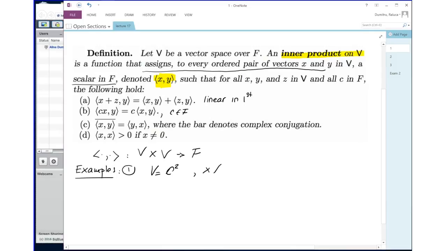So a vector in C squared, x, looks like this. A1, A2 is a pair. And y is B1, B2, both complex numbers. We define the inner product between x and y to be A1 times B1 conjugate plus A2 times B2 conjugate.